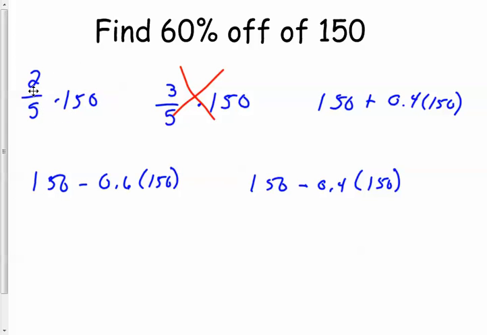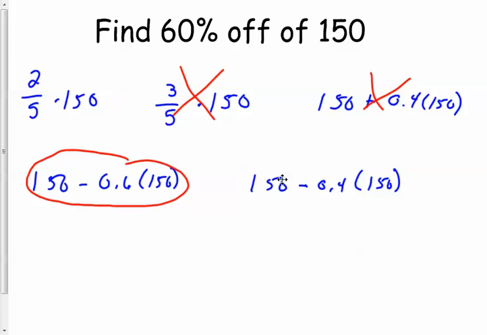So this would be 40% times 150. Would that give me the answer I'm looking for? And then this is 150 plus 40%, and I'm adding it to it. Well, I'm getting money off, so that's not right. And then this is 150 minus 60% times 150, and I'm subtracting that from 150. That is going to find my answer.